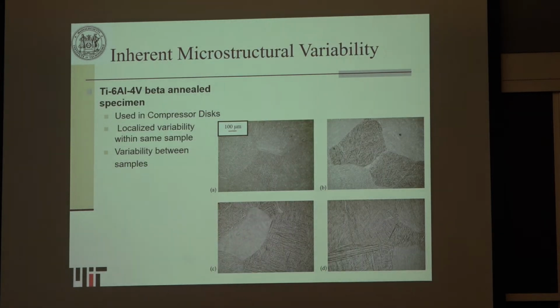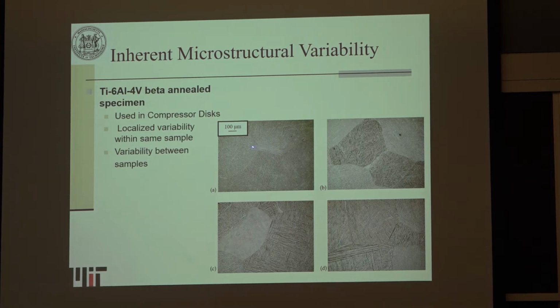One of the issues with TI-64 is you have an inherent microstructural variability of the alloy itself, because you have two phases: an alpha phase and a beta phase. In these micrographs, if you look closely, you can see these are grains.